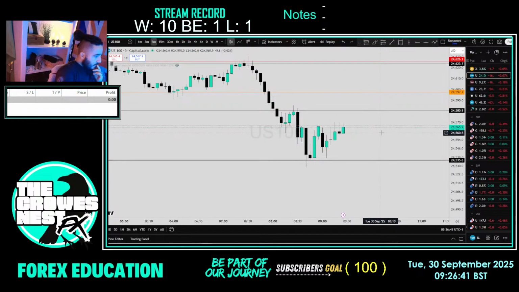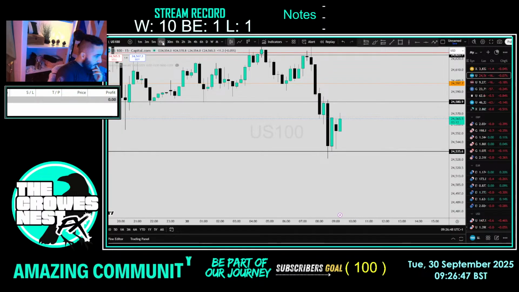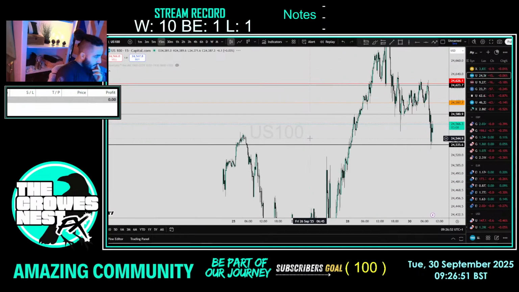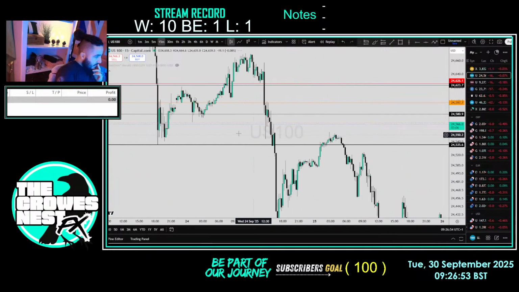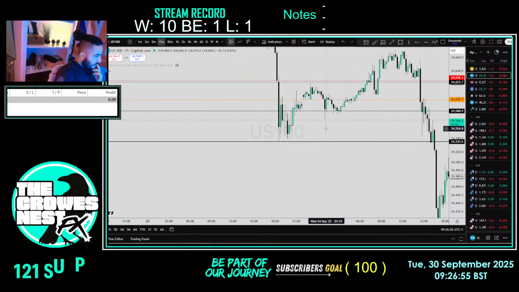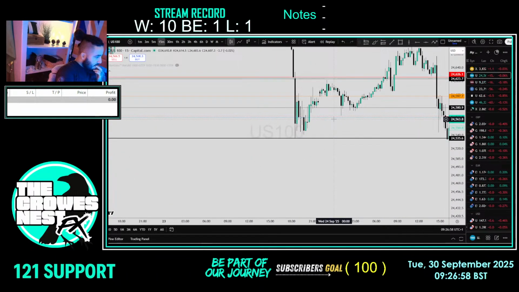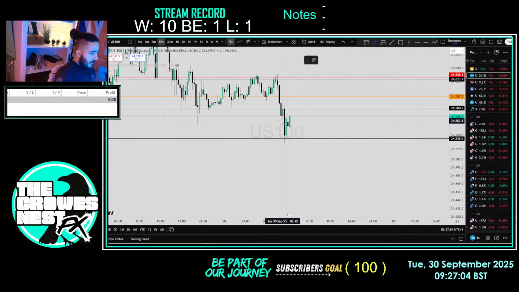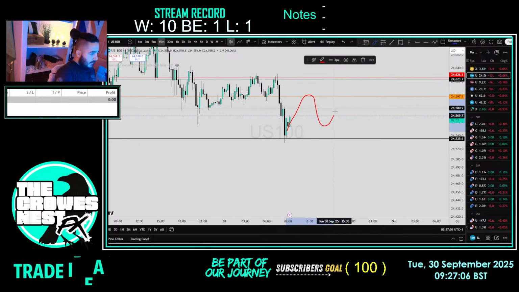For a 15-minute bullish close, do we need another bottom wick? So, if we do come up, do we need that?